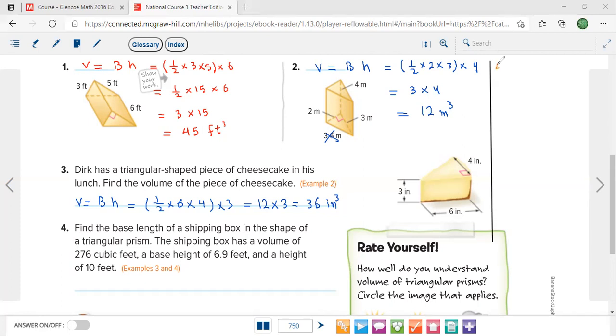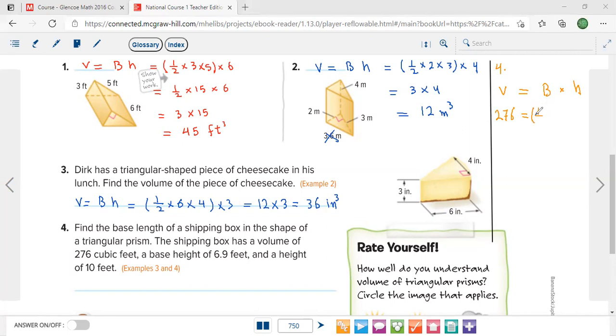So this is problem 4. Volume equals base area multiplied by the height. The volume is given as 276 cubic feet. So I'll put here 276 equals the base area, shaped like a triangle.